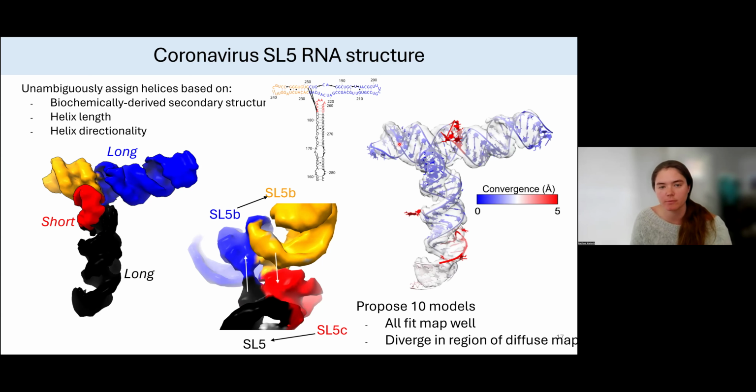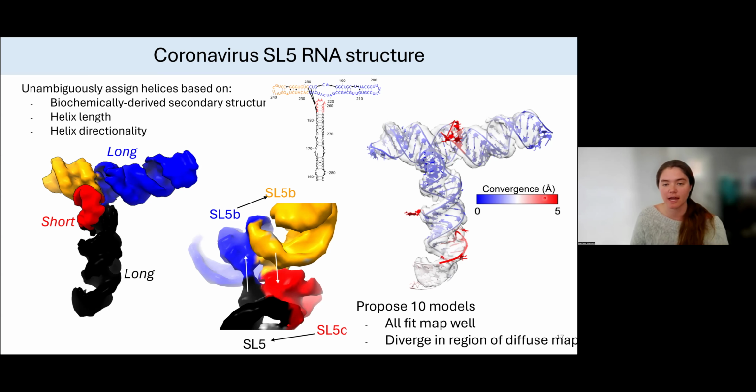And an important thing to note when we are modeling this is that we know this is low resolution. So we know we cannot be confident, for example, where we place the bases. So to try to represent this uncertainty, we propose a 10 model ensemble where these 10 models all fit in the map well, but they diverge in key regions, such as this region here, where there's essentially very little density to support where the RNA nucleotides should go.